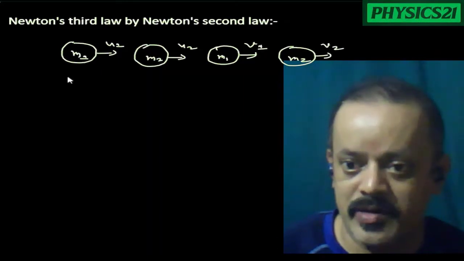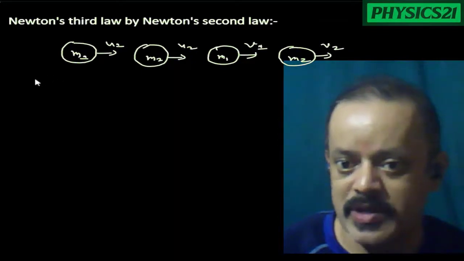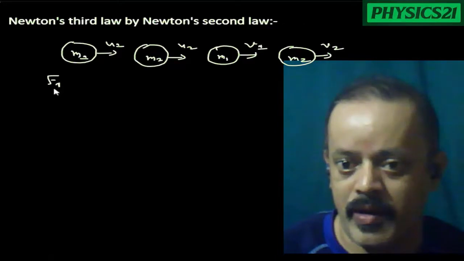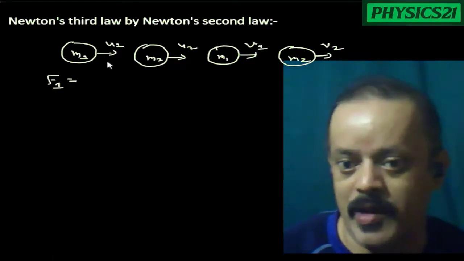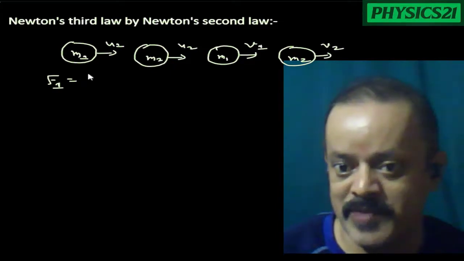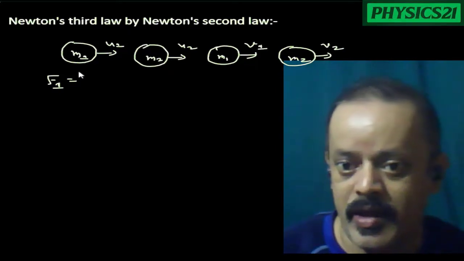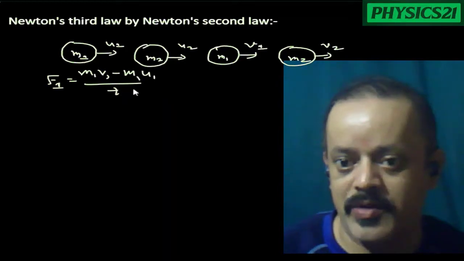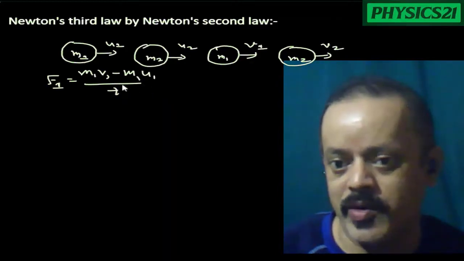During the interaction, both bodies will apply force on each other. Let the force on the first body be F1. It will be equal to the rate of change of linear momentum of the first body, written as (m1v1 - m1u1)/t. So this quantity will be equal to F1.